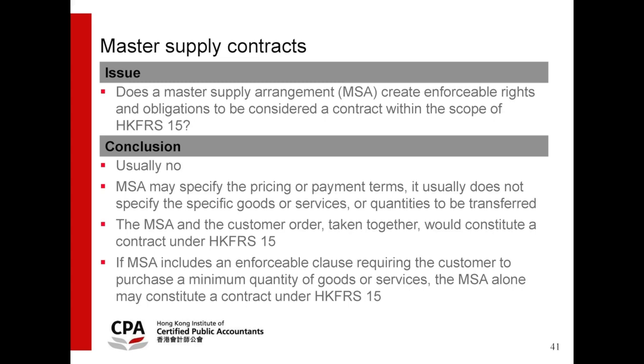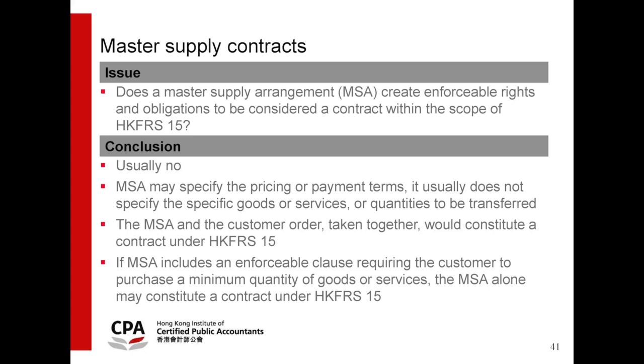So usually the master contract on its own would not constitute a contract within the scope of HKFRS 15. So instead, the master contract, along with the customer order, will be a contract within HKFRS 15, because then it specifies the number of goods or services that is actually being purchased by the customer.